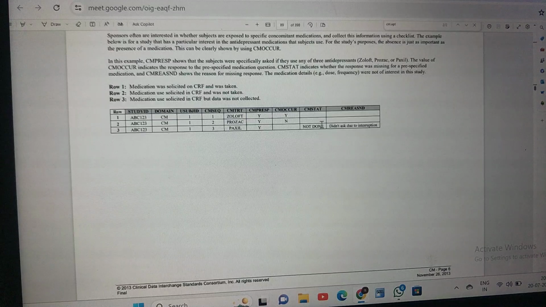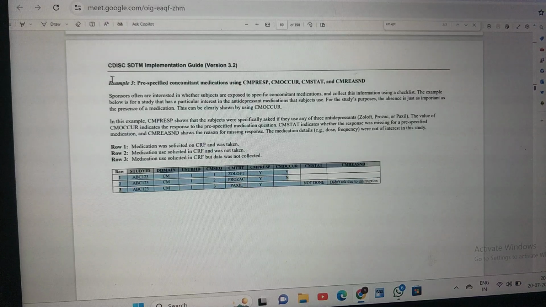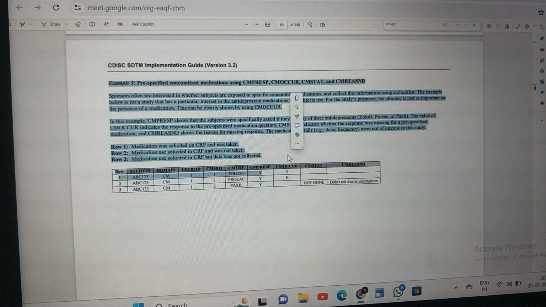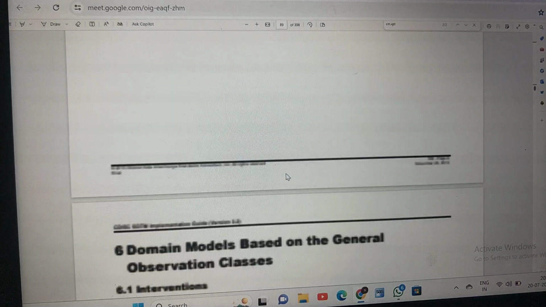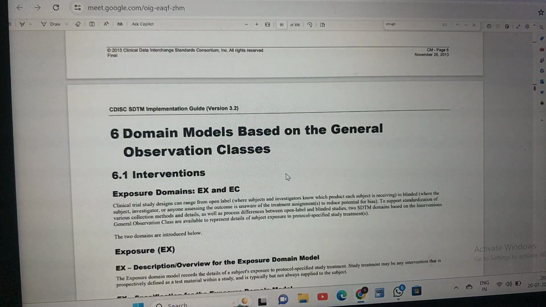The reason should be didn't ask due to the interruption. That's the reason for the occurrence not being collected. If you can see these examples, the same examples we have discussed, they explain it here. So that's it for this.